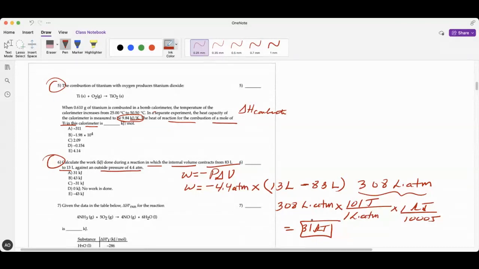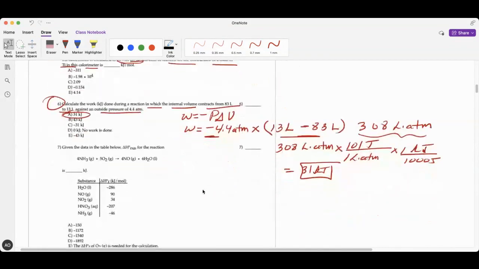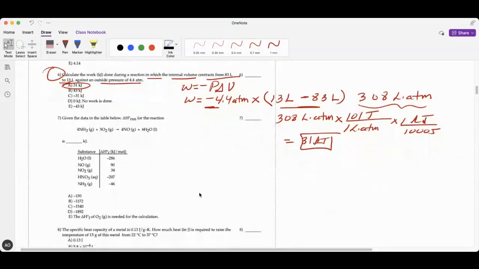So the answer for that one, I only see a negative 31. It's definitely a positive. Oh, okay, A, 31 kilojoules. So you have to include that negative sign and make sure that you calculate delta V.